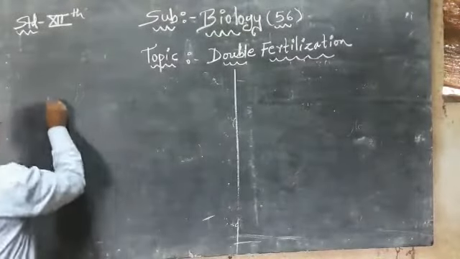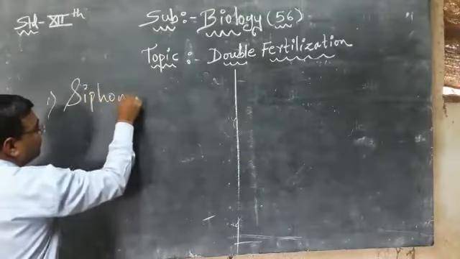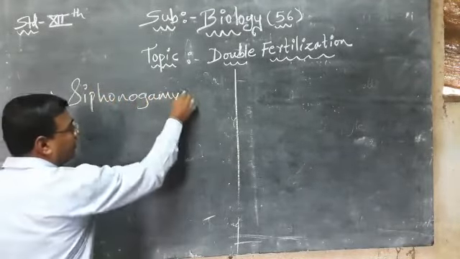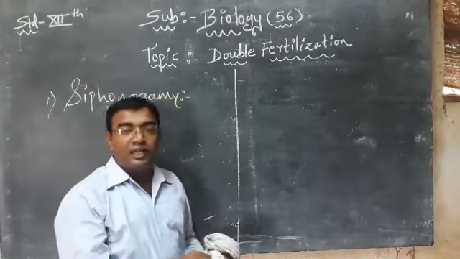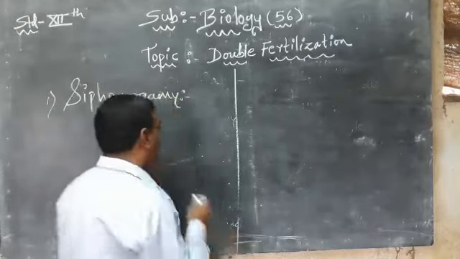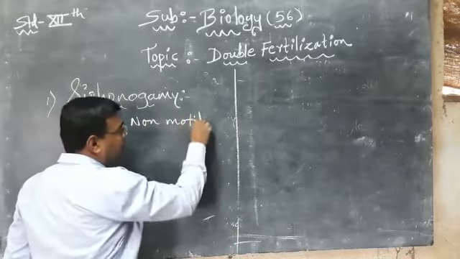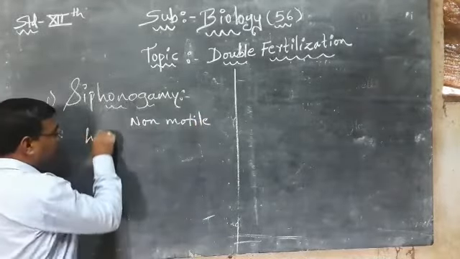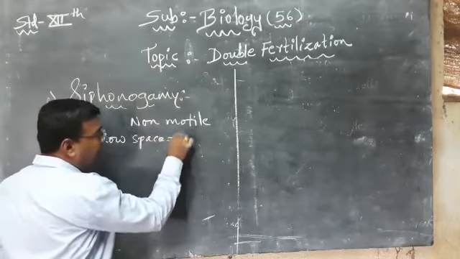The first concept is siphonogamy. What is siphonogamy? In siphonogamy, the male gametes are non-motile and they pass through the hollow space known as the pollen tube.